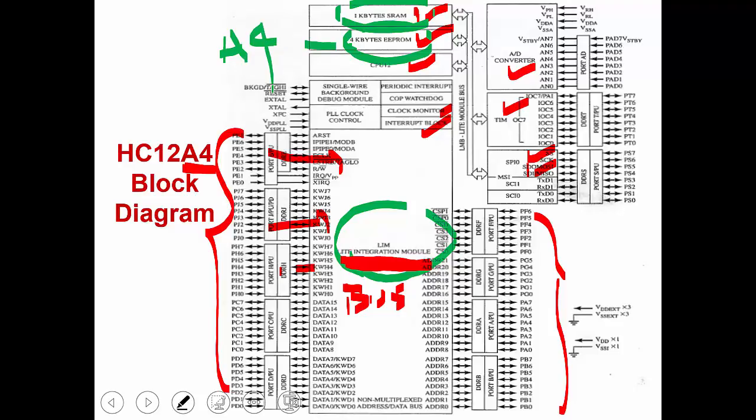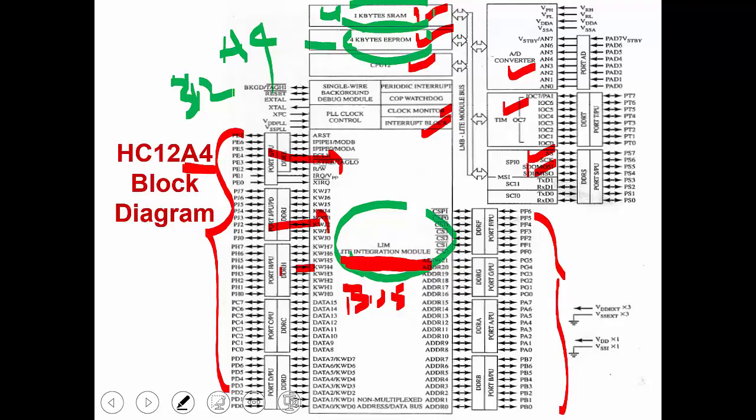The EEPROM is 4K. For B32, the RAM is also 1K, but its EEPROM is 32K, and that's why I call it B32. So the RAM size is the same no matter which version we talk about, always 1K RAM.